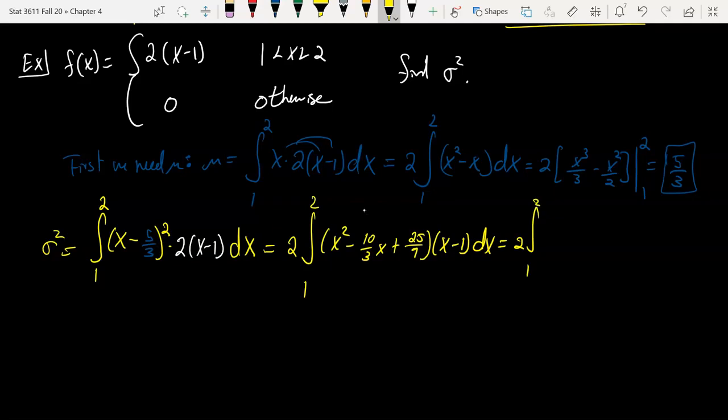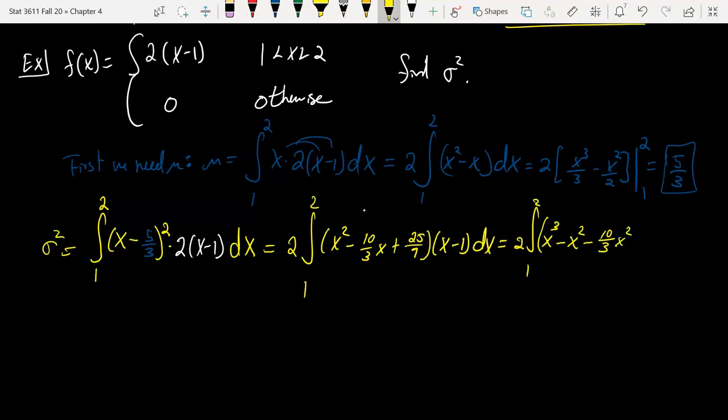X squared times x is going to be x cubed. X squared times minus 1 is minus x squared. Negative 10/3 x times x is minus 10/3 x squared.